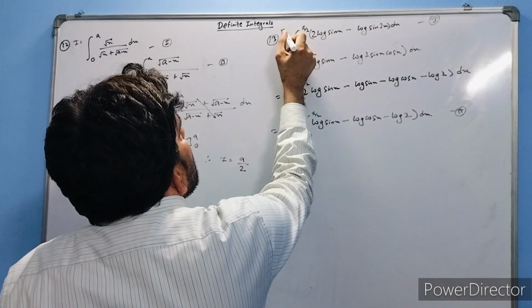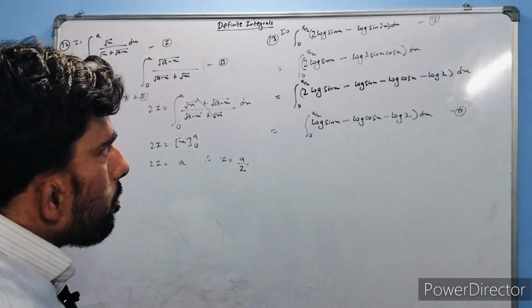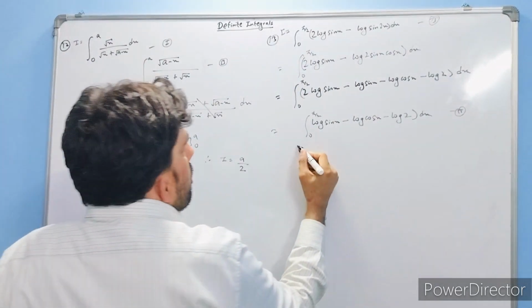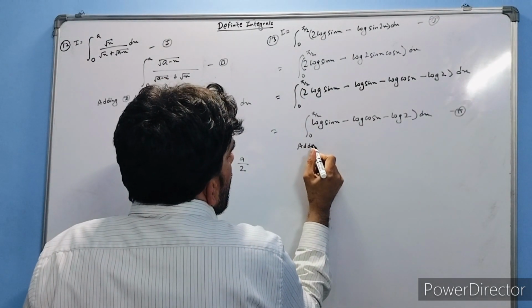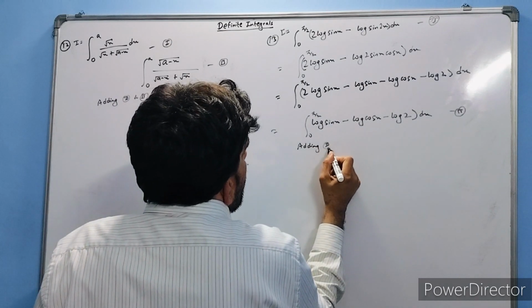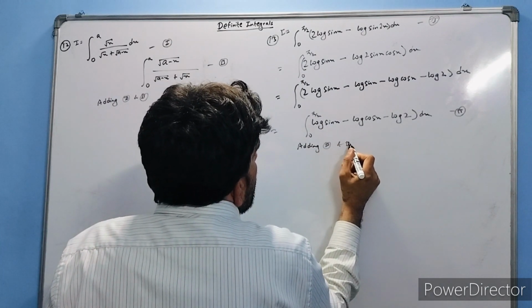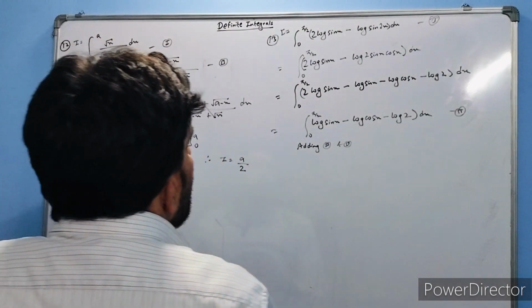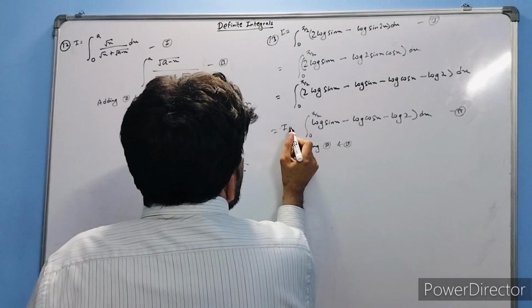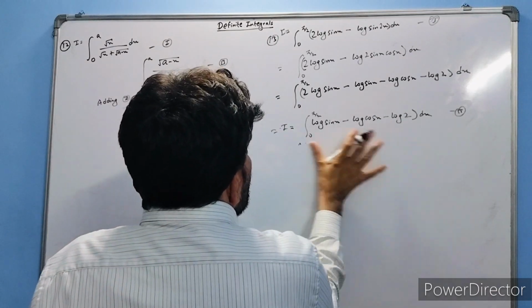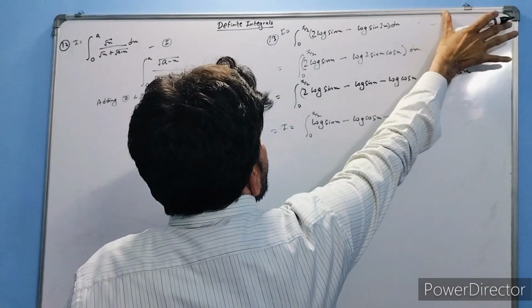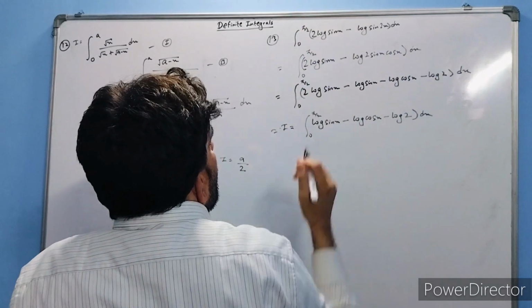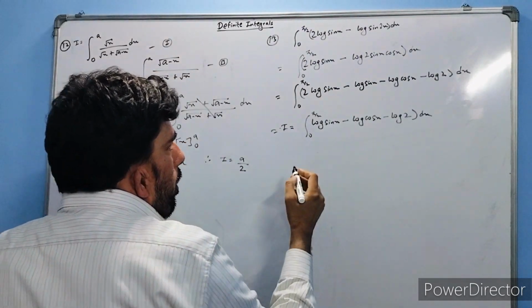Let I be equal to this much. Now what will we do? Adding first and second. Or what we can do now, this is what I got as I. Now what we'll do, we'll try to put the value here.